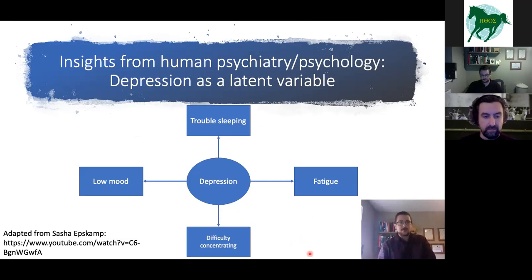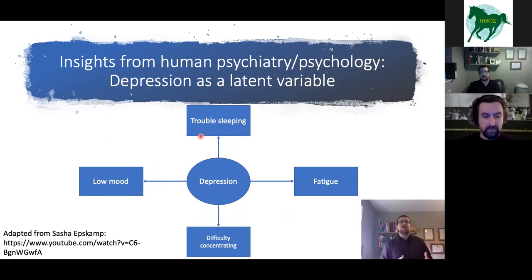Under a traditional psychological view, depression is a latent variable, and a latent variable is basically just something we can't measure. It's our theoretical construct of interest. Let's use a simplified example where we've got 4 symptoms of depression, and we know that these 4 symptoms tend to co-occur together.